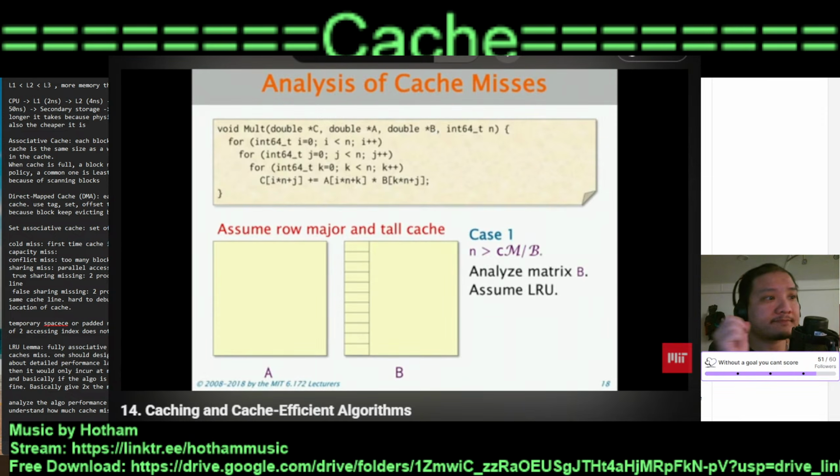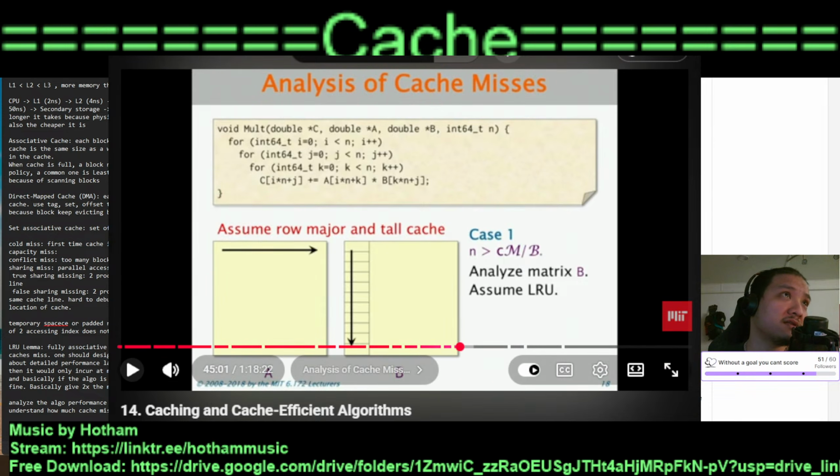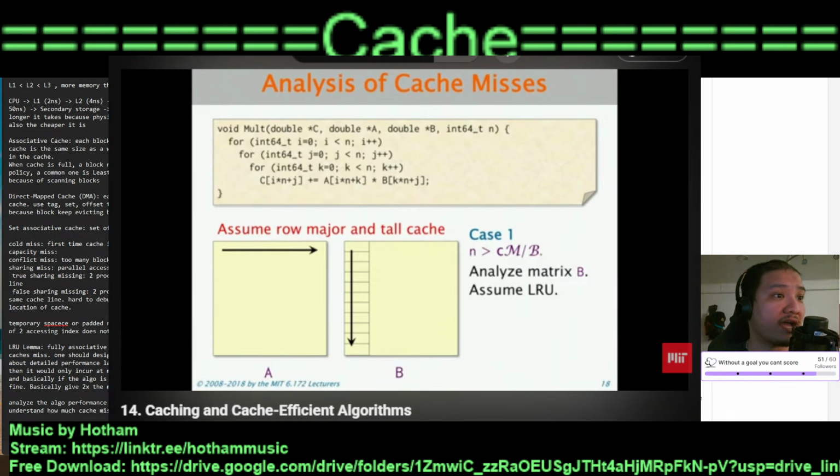And we're also going to assume LRU because we can. If you recall the LRU lemma, it says that whatever we analyze using LRU is just going to be within a constant factor of what we analyze using the ideal cache. Using LRU, we're just going to incur some constant factor more cache misses compared to the ideal cache algorithm.